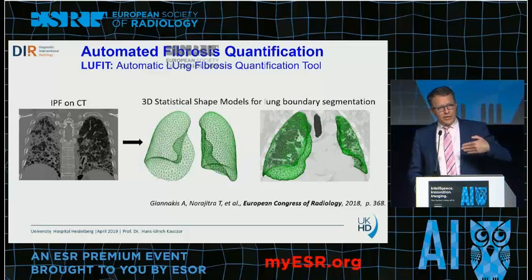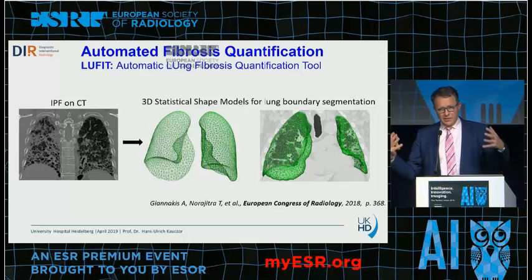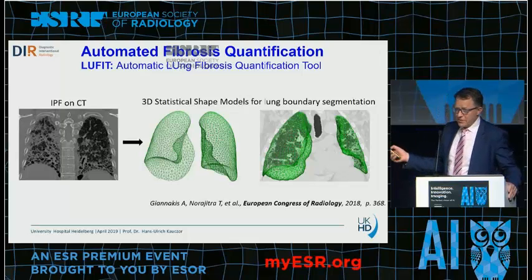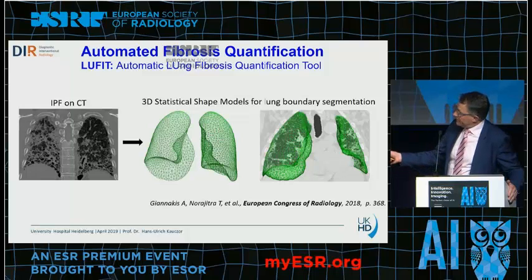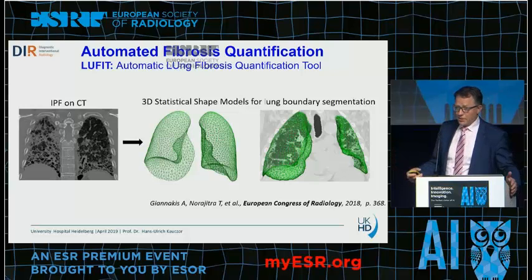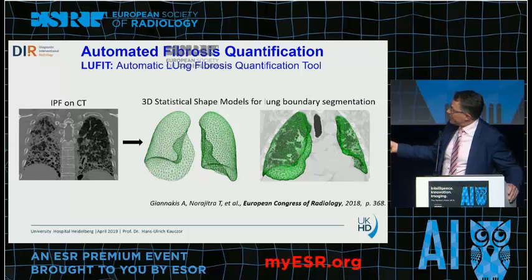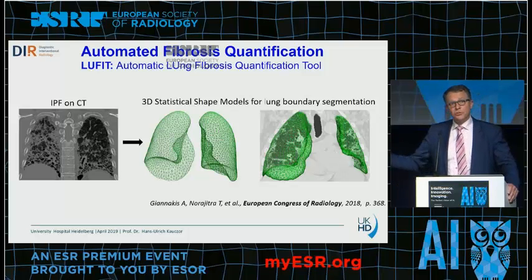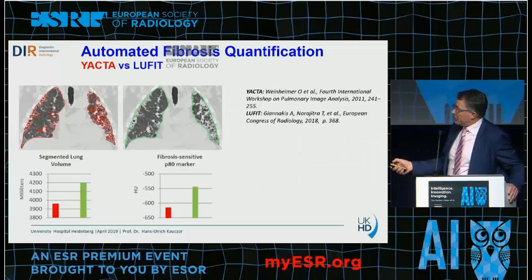And this is the holy grail in chest radiology, trying to segment and then characterize lung fibrosis, because this cannot be approached by a simple density-based approach. So you have to use these shape models, which are AI based, or at least deep learning based, and you can use these shape models to really find which are fibrotic areas within the lung that you want to evaluate, and which is below the diaphragm or in the chest wall, what you don't want to evaluate in a quantitative way.